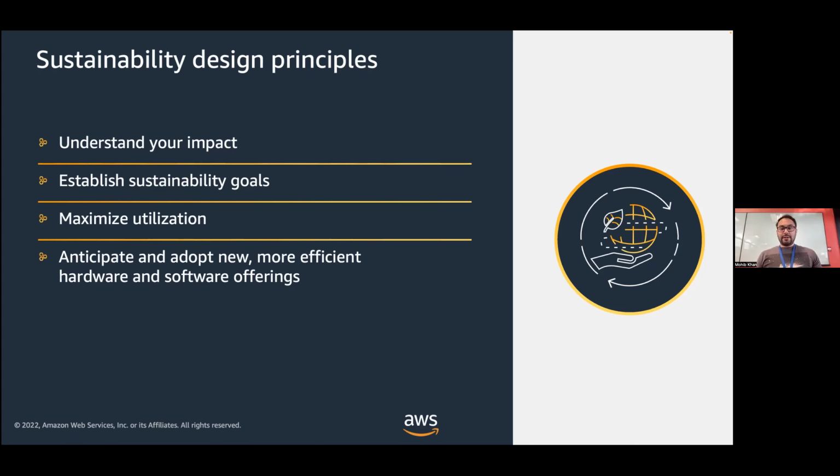The idea here is that you need to support the upstream improvements your partners or your suppliers make to help you reduce the impact of your cloud workloads. How? By continually monitoring and evaluating new, more efficient hardware and software offerings. That's where AWS comes into the picture.